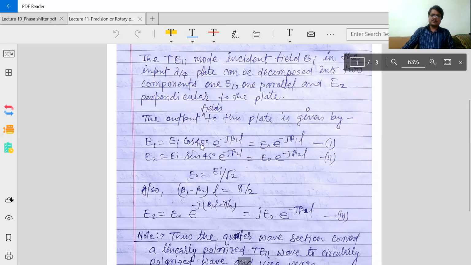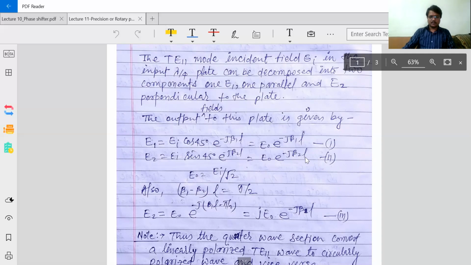Cos 45 is 1 by root 2, so it will be Ei by root 2. Let Ei by root 2 be E naught, so this may be written as E naught e to the power minus j beta 1 L, and what will be E2? E2 will be, again, Ei sin 45, which is Ei by root 2, so again it is E naught, so it will be E naught e to the power minus j beta 2 L.